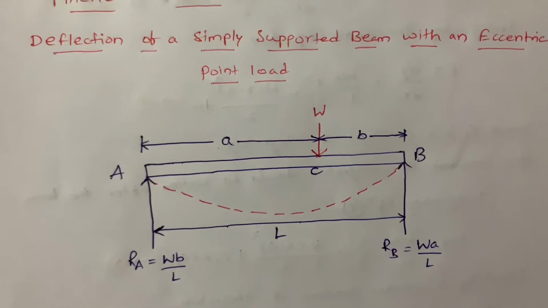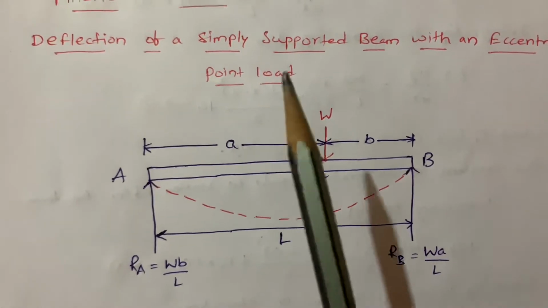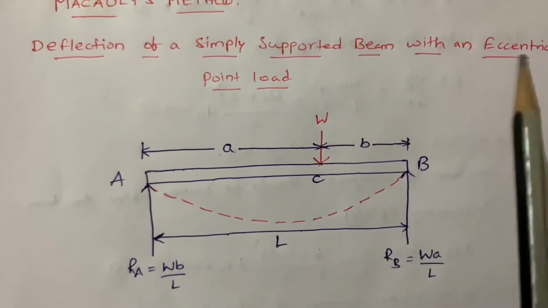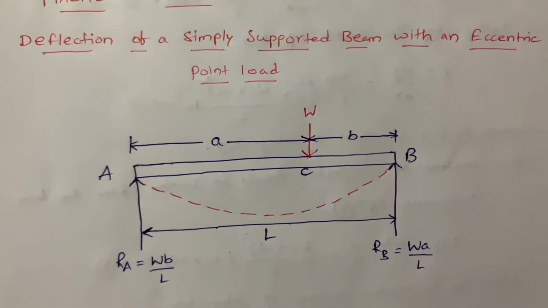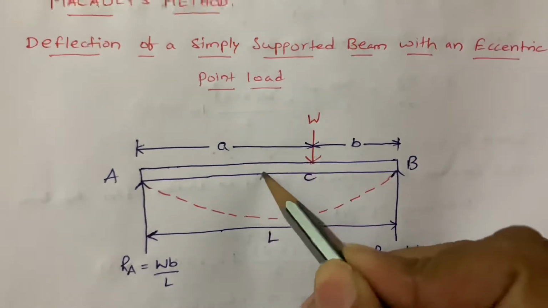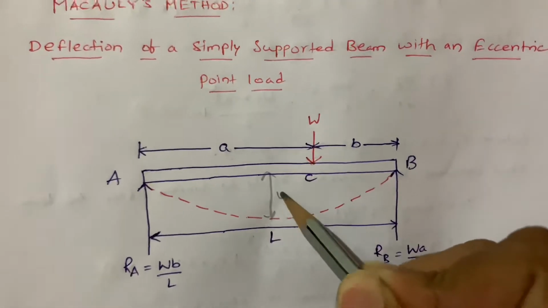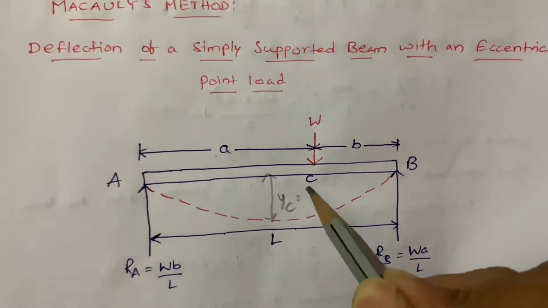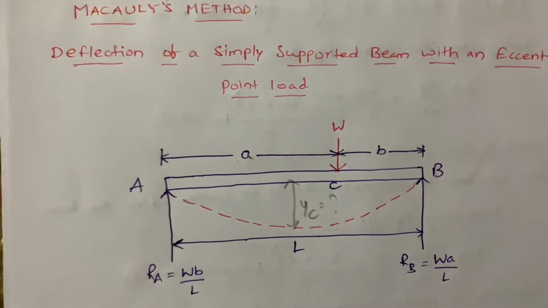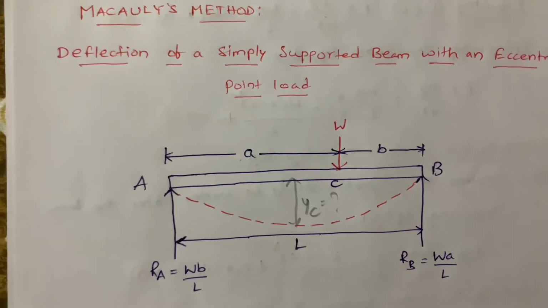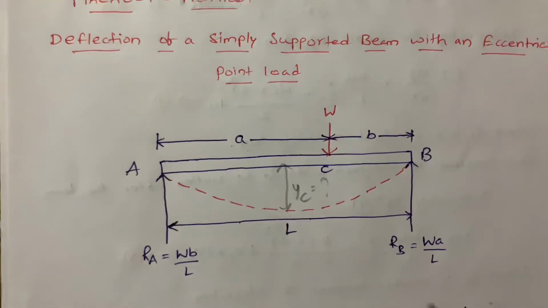We have to derive the deflection for this simply supported beam with an eccentric point load, and calculate this deflected part Yc, since we know the reactions.